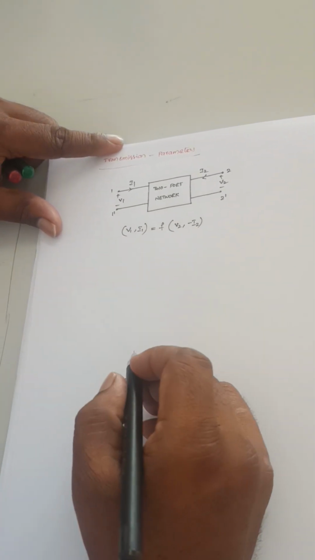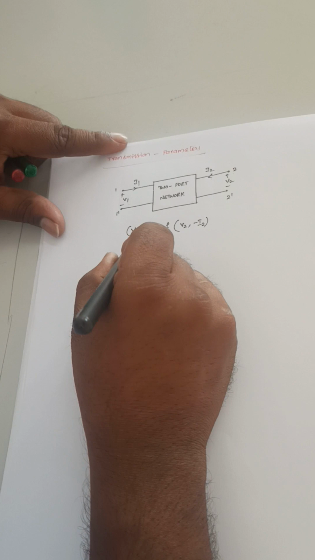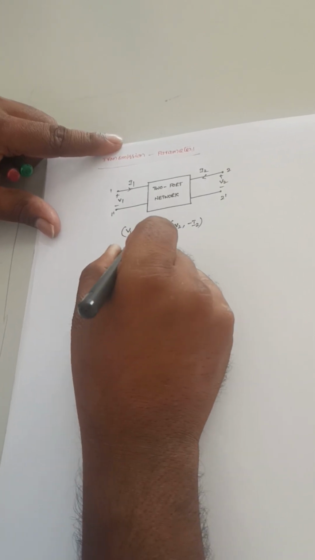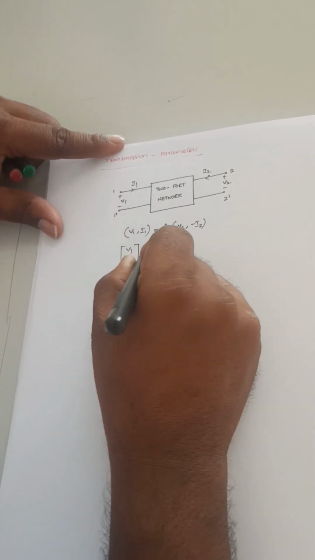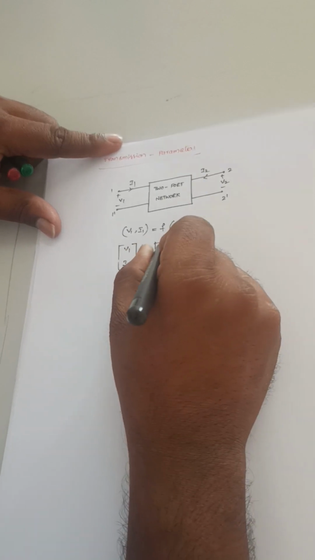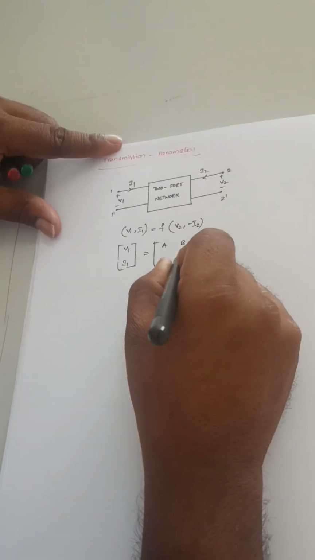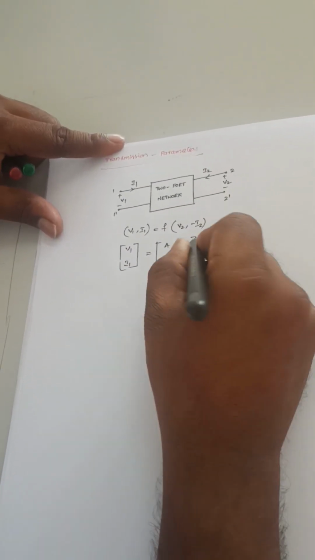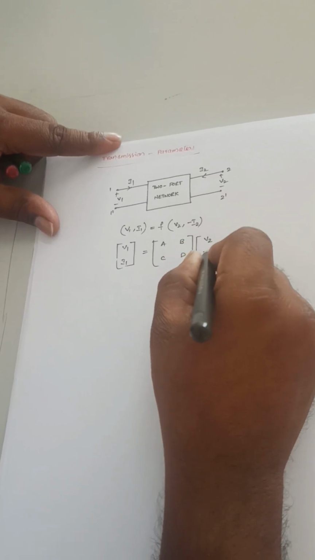Now in vector matrix form, V1, I1 can be represented with the matrix A, B, C, D times V2 and minus I2.